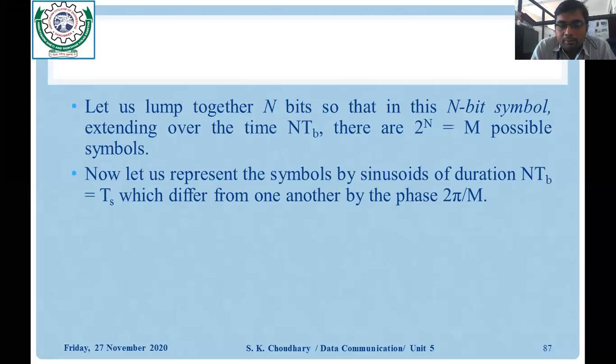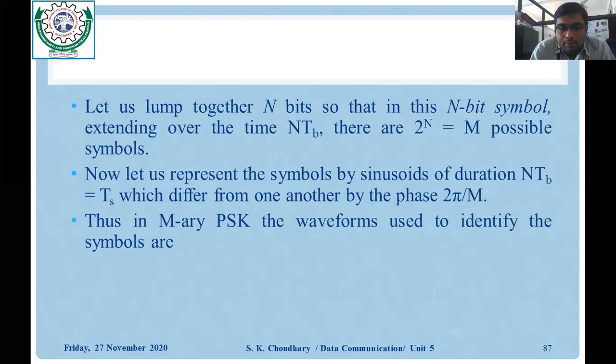TS is here and TB, which differ from one another by the amount of phase, that is 2 pi upon M, where M is 2 raised to the power n. So the phase shift between two symbols is 2 pi upon 2 raised to the power n.